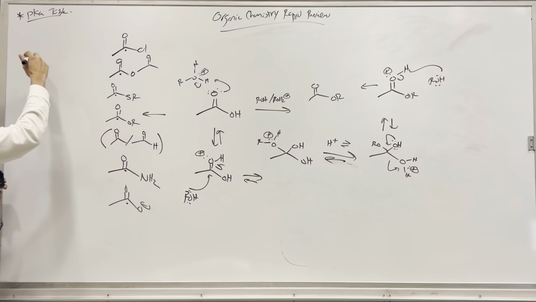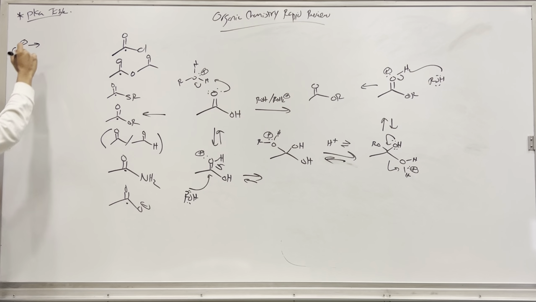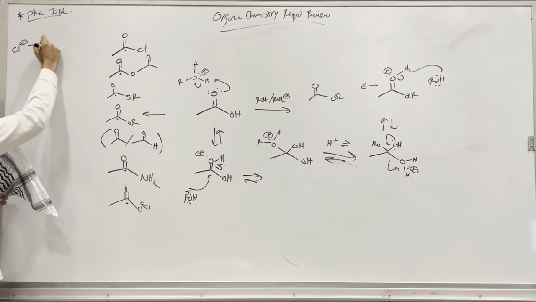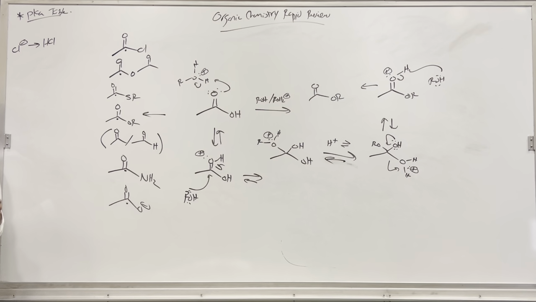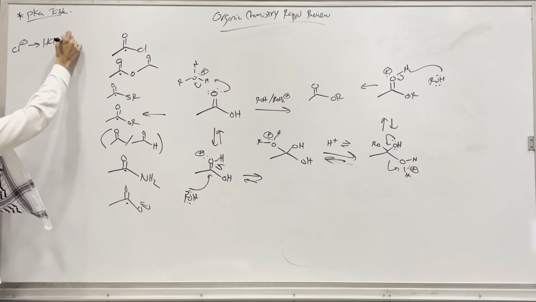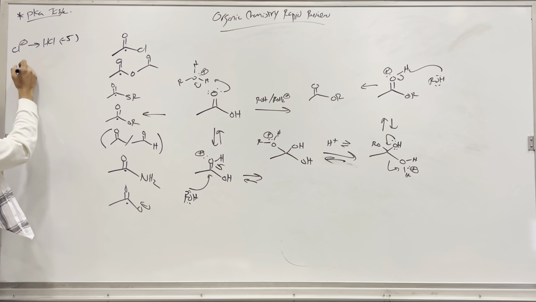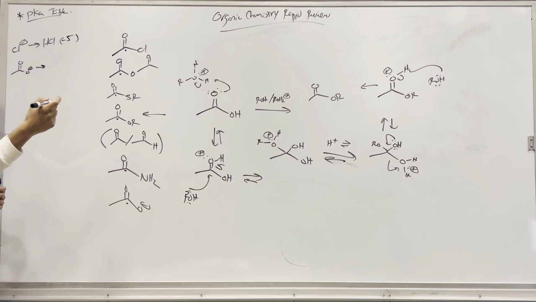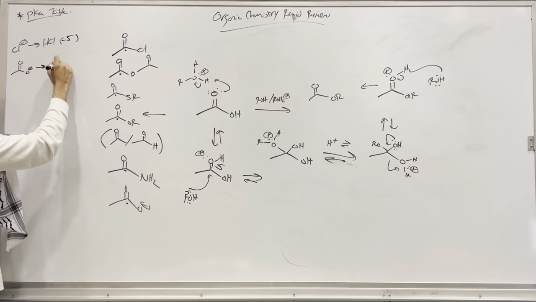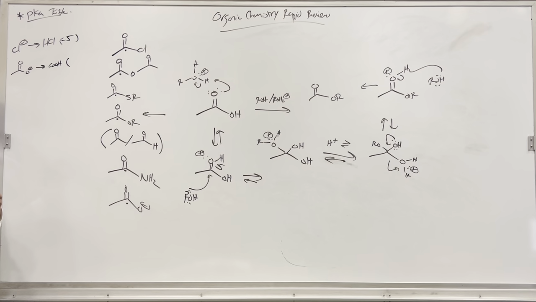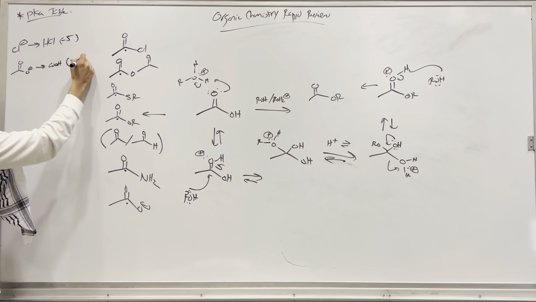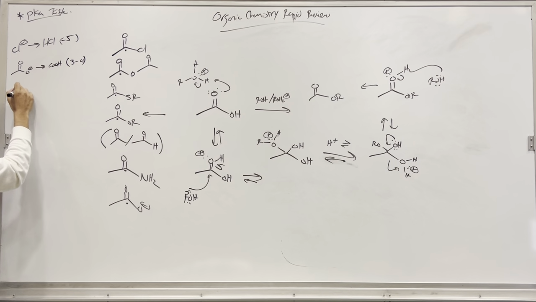So what's the leaving group here? The leaving group is Cl minus. What's the conjugate acid? HCl. What's the pKa of HCl? Negative 5. What's the conjugate here? It's a carboxylate, which the conjugate is a carboxylic acid. And the pKa is 3 to 4. What's the conjugate here? It's SR minus, or RS minus, sorry.